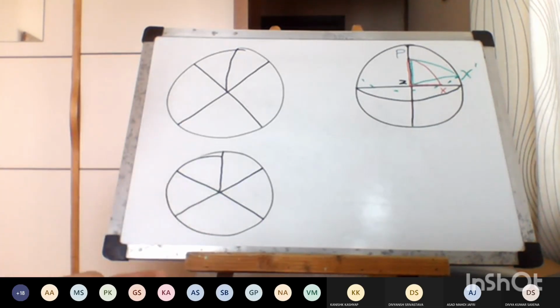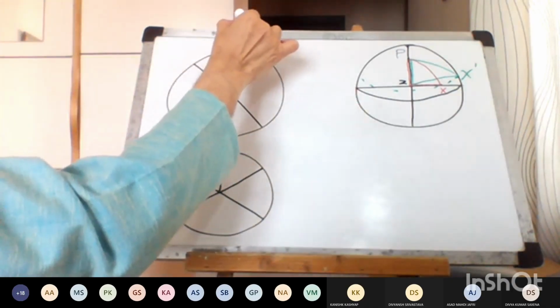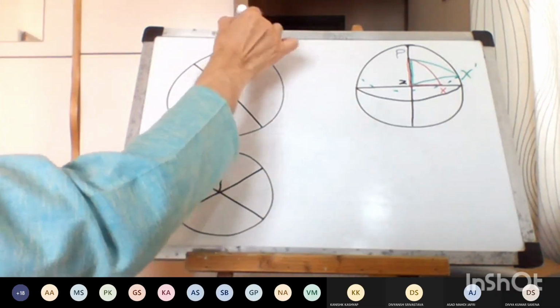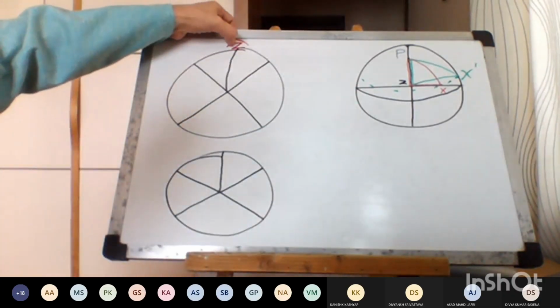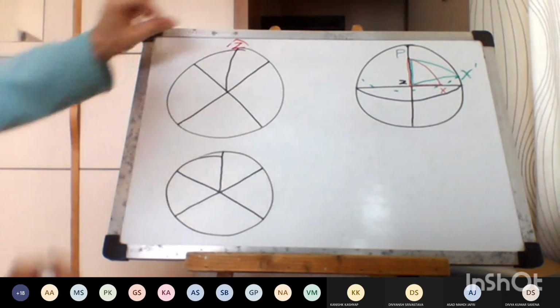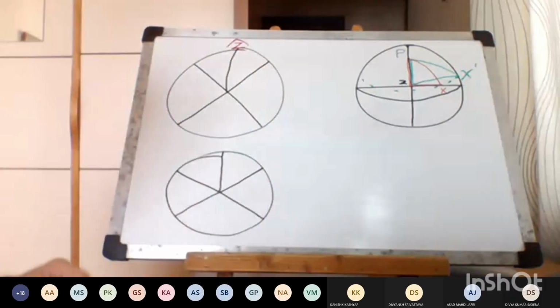So let us take the red one first. Whatever is 90, you write outside. Angle Z is 90, so we'll write outside. What is 90 we will not consider, we will keep it outside.